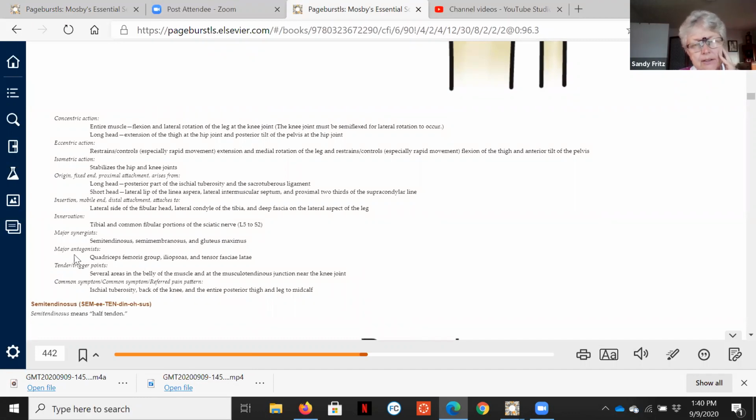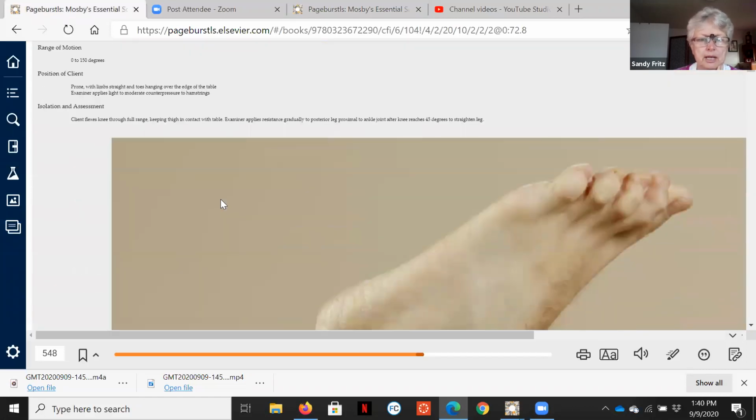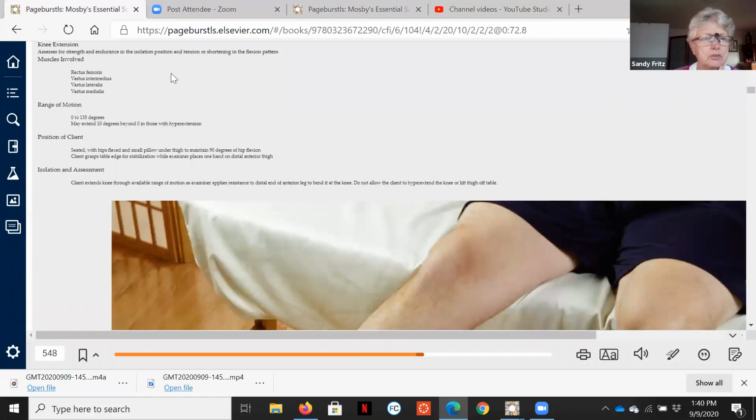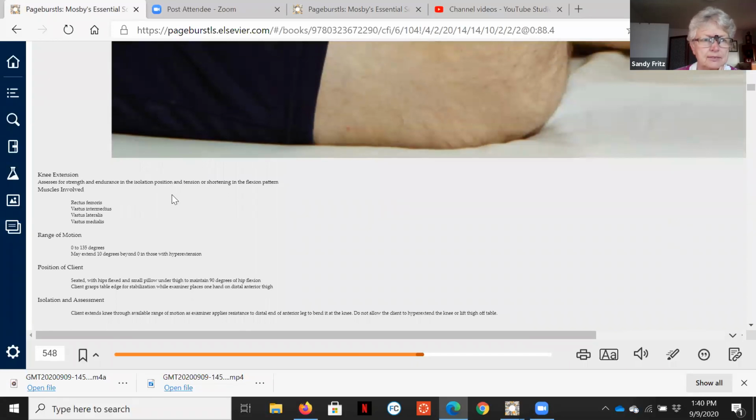Now, the antagonist would produce the opposite movement. So if these produce flexion, then the major antagonists would produce extension. So if we go look at, again, chapter 10, and we get down here to where we are seeing knee extension, then we're seeing these muscles: rectus femoris, vastus intermedius, vastus lateralis, and vastus medialis.